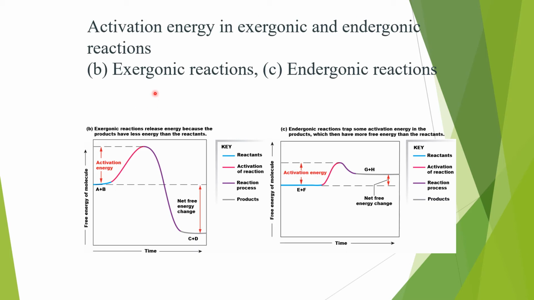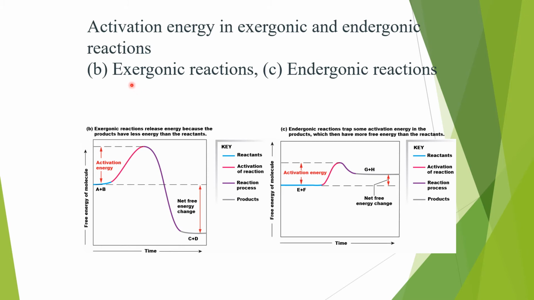When we talked about catabolic reactions, we said that they are exergonic, meaning that they release energy. And when we talked about anabolic reactions, we said they are endergonic, meaning the reactants absorb energy for you to get the products.